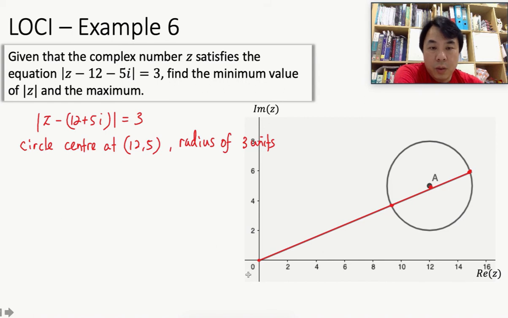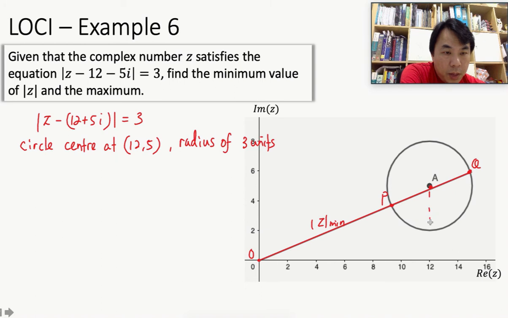Now, the shortest distance from the origin to the circle is basically here. This one will be the minimum absolute value. I'll just call this OP. So OP will be minimum, and then OQ will be maximum.